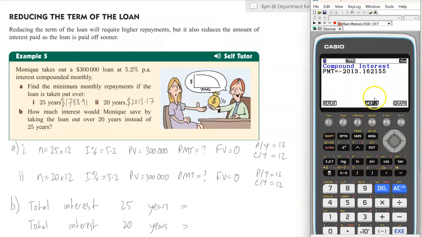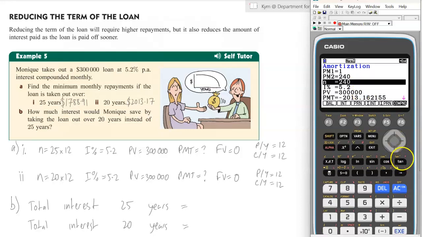Once you work out PMT, you'll see here amortization. If I press F4, this screen comes up here. Now, PM1 and PM2 are the periods. So PM1 is my first period, and PM2 is the last period of that loan, which is the 240th month. I can ask it to calculate the total sum of all interest based on that interest rate, that loan amount, and those repayments over that time.